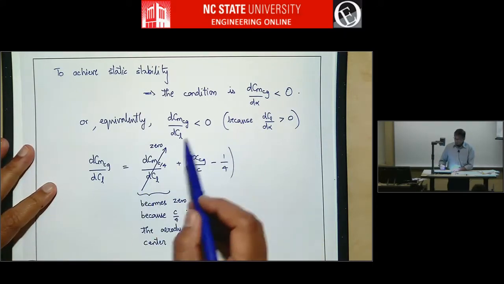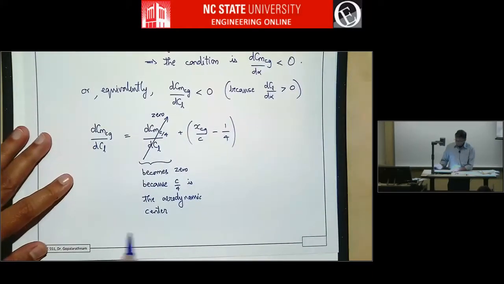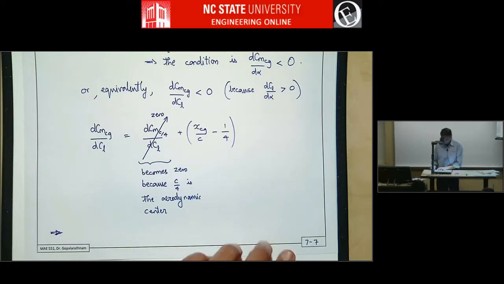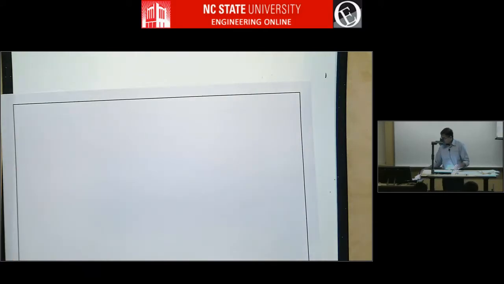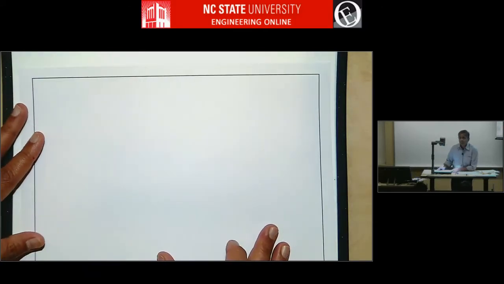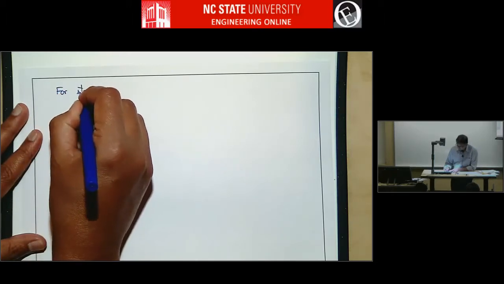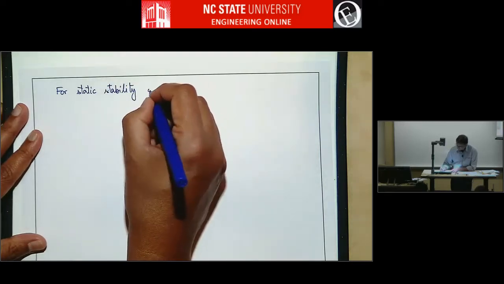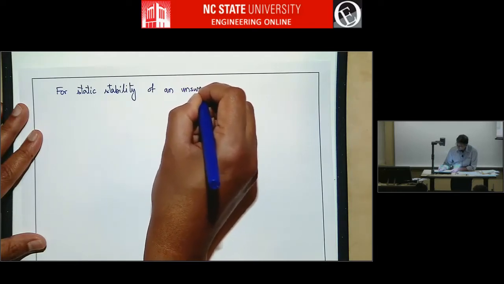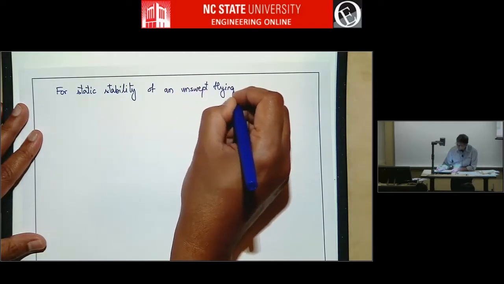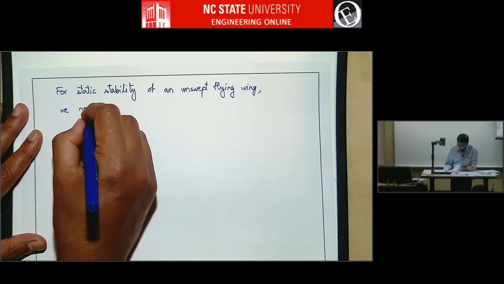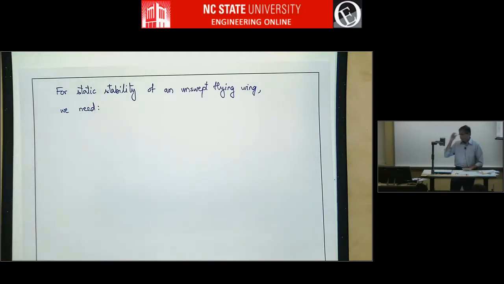And because we want this to be less than 0, we come up with the condition that, for static stability of an unswept wing, what do we have to do?